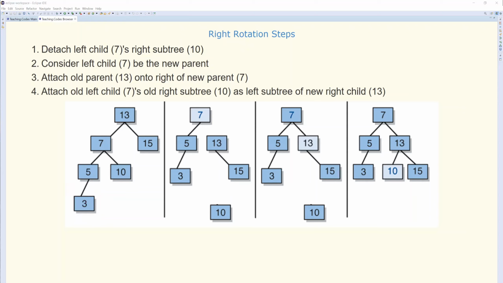However, when this value 3 is added, the tree becomes unbalanced because if you look at 13, it is 1, 2, 3 levels on the left versus 1 on the right. So this is a balance factor of minus 2. How about 7? It is 1 minus 2, it's minus 1, so it's not unbalanced.